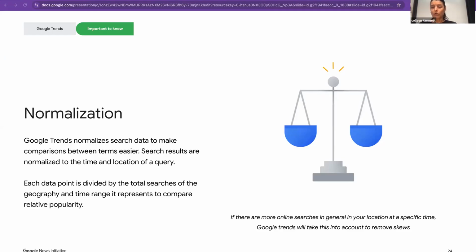If you look up global searches for global warming, you'll see that smaller countries tend to have a higher search interest in global warming. Those small countries would not show up if the data was not normalized, because countries with huge populations like the US would overpower that.